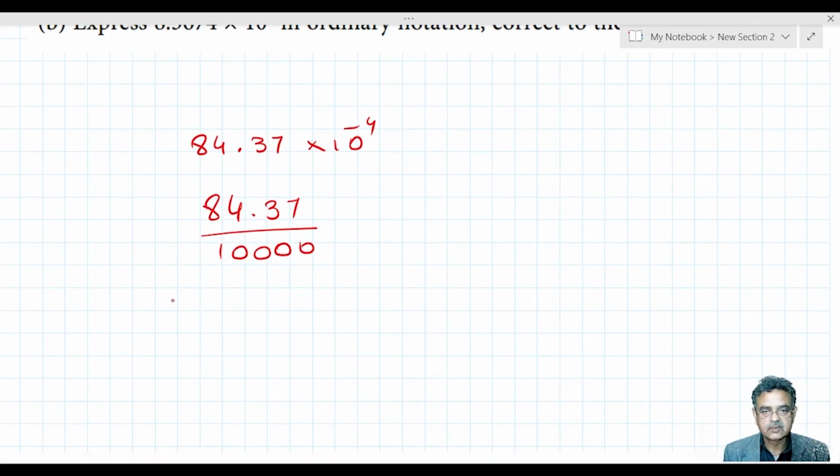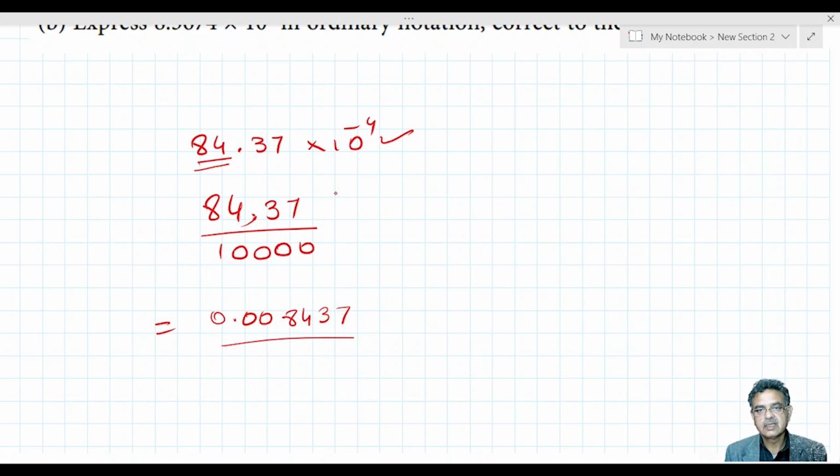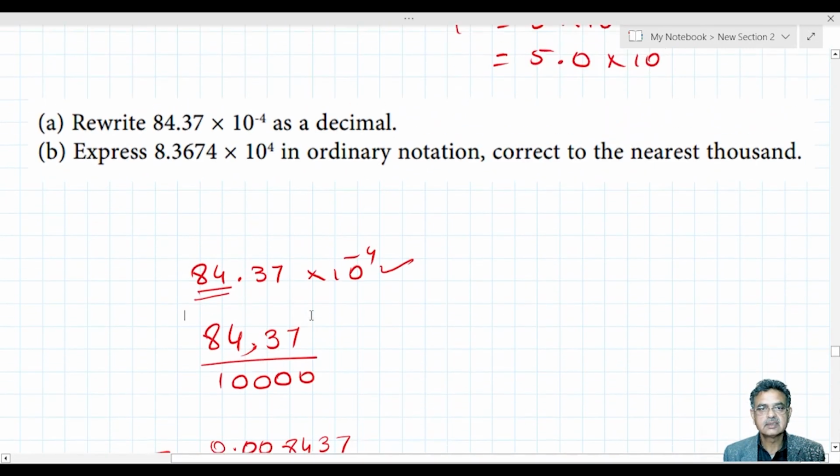And if we remove these 4 zeros, the decimal will move this way, equivalent to 4 places. 8437. This is this value from standard form, not exactly standard form, but in this form, that is converted to decimals.